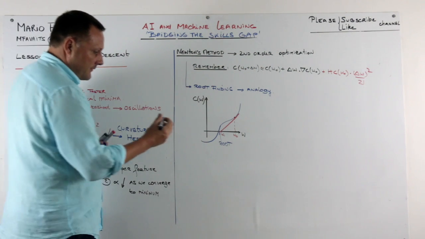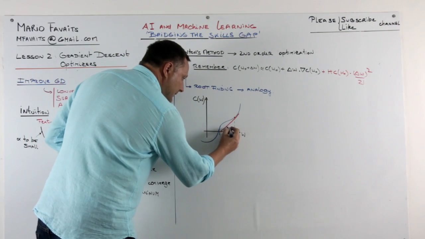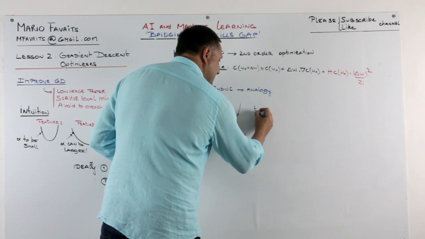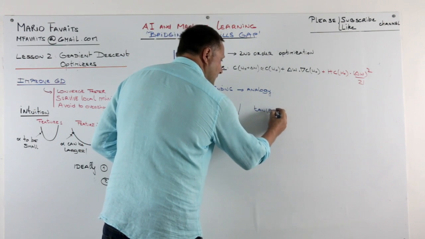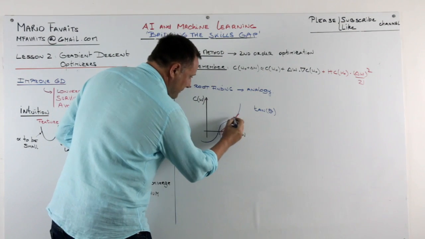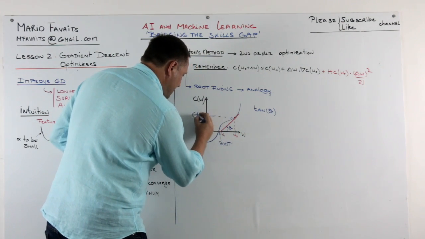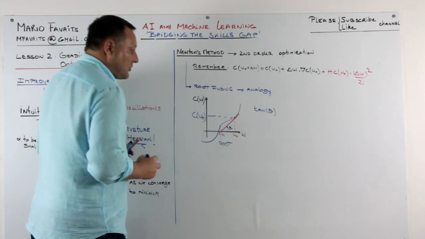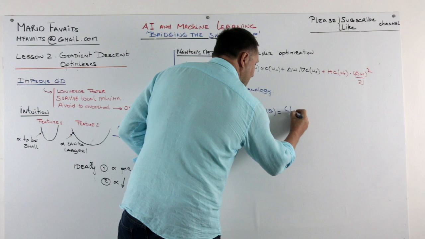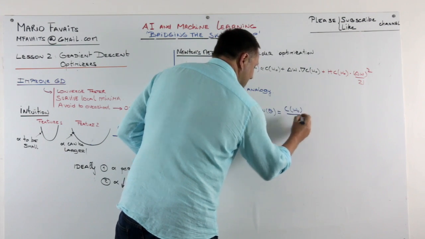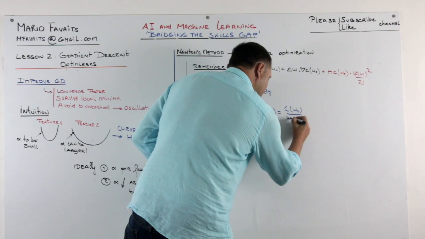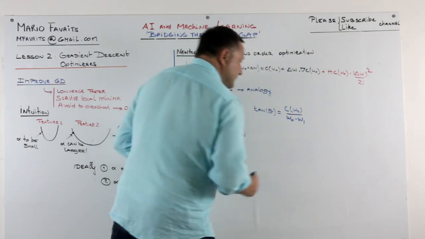Now, let's call this angle theta. We know that the tangent of theta equals this vertical piece, which is the cost in W0, divided by this piece, which is W0 minus W1.